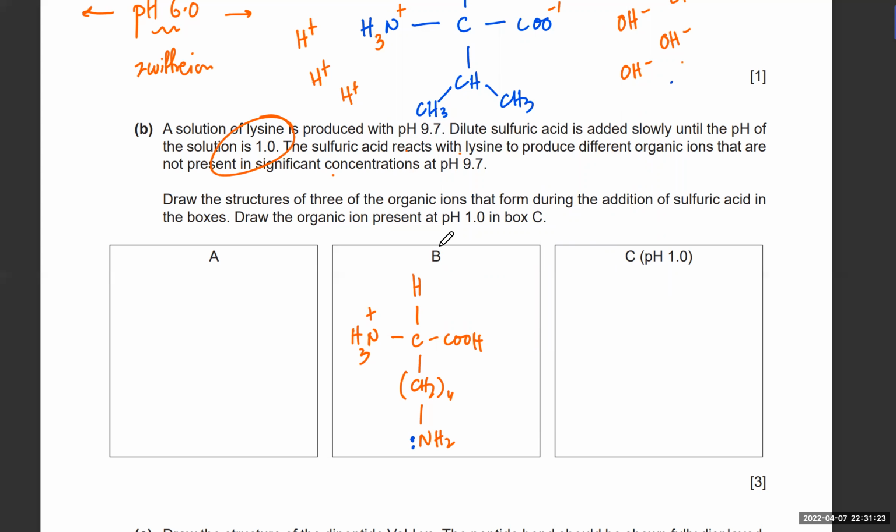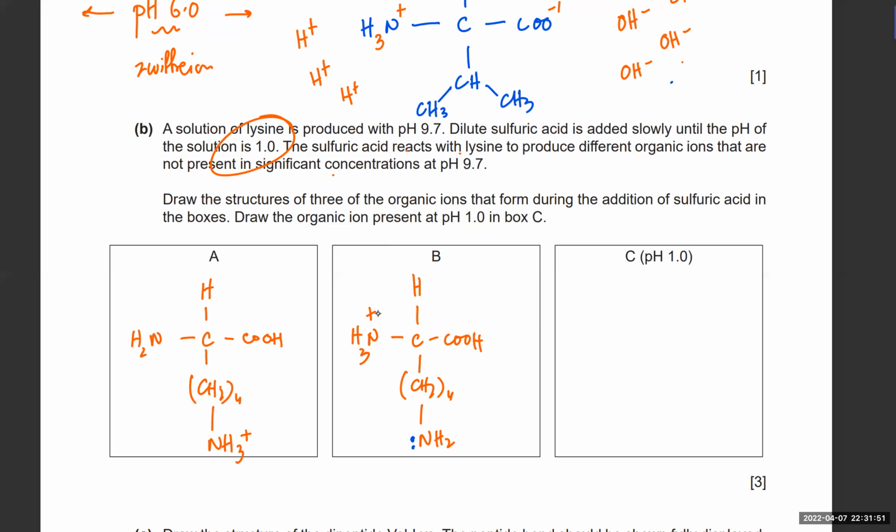The point I'm trying to make is that he's made the solution very acidic. So NH2 over here will gain H plus 1 ions, right? Or it could be, I'm going to come to A and B, the bottom NH2 that ends up gaining H plus 1 ions.